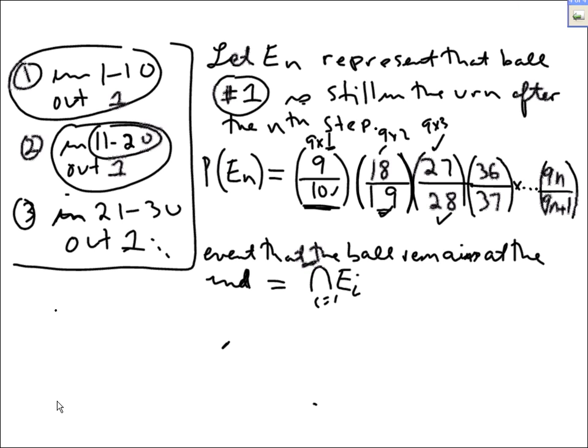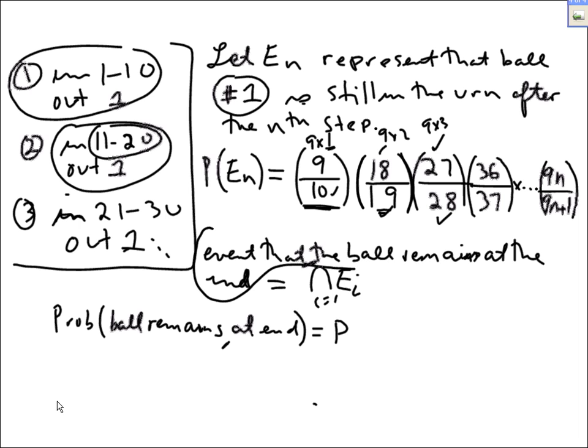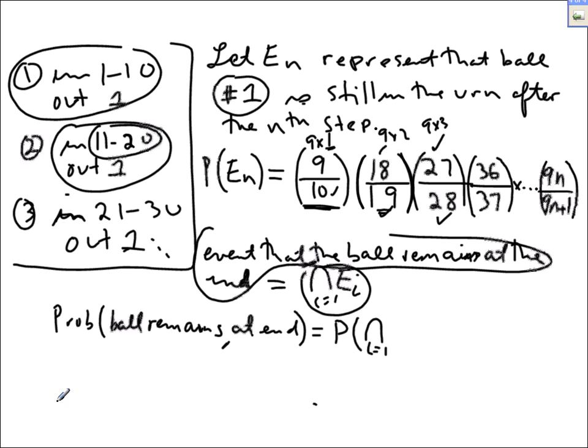Okay. So now, the probability that the ball remains at the end is equal to, so I just wrote P of this. So it must equal P of that. It must equal P of the intersection as i goes from 1 to infinity of Ei.